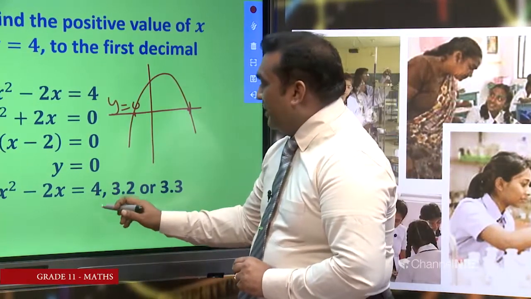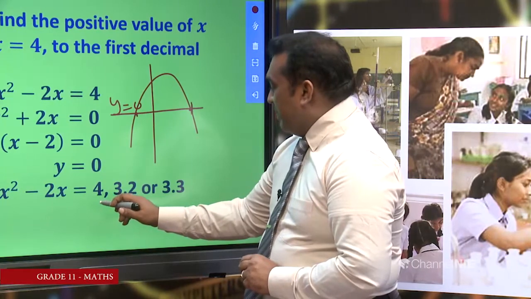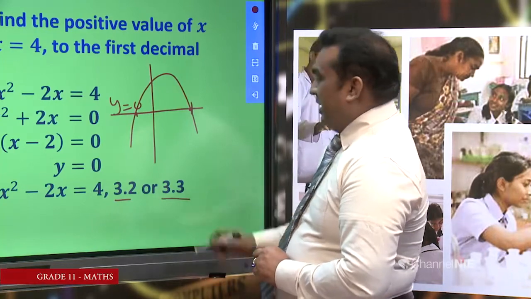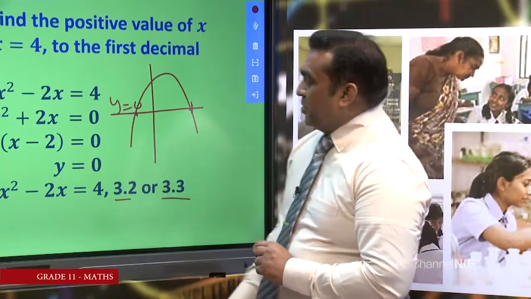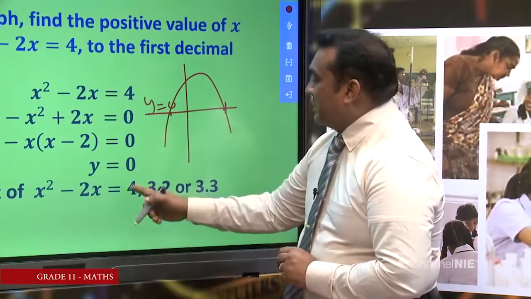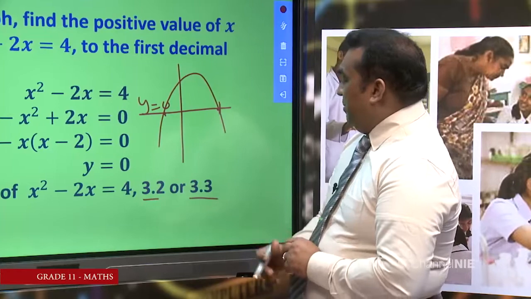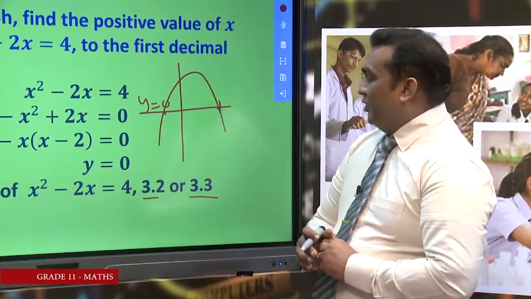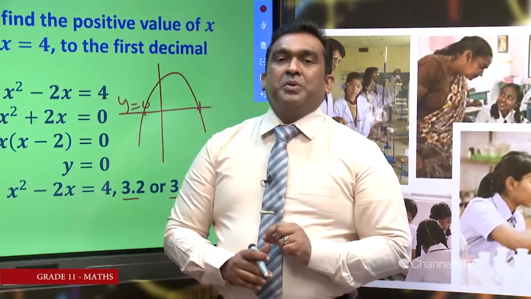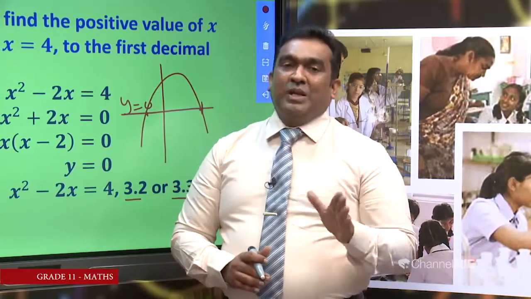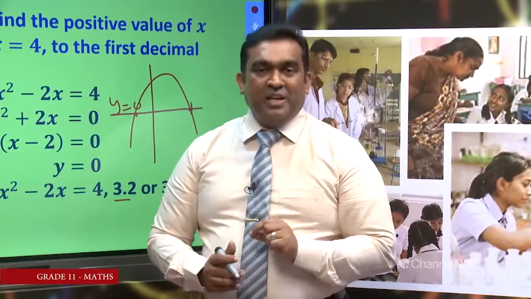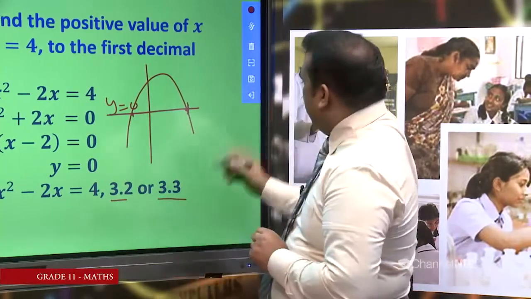Here there are two values, 3.2 or 3.3. Then the positive root of x squared minus 2x equals 4 is 3.2 or 3.3, right? Both values can be considered as positive values. We don't consider negative values for this x coordinate according to the given condition of the paper, right?